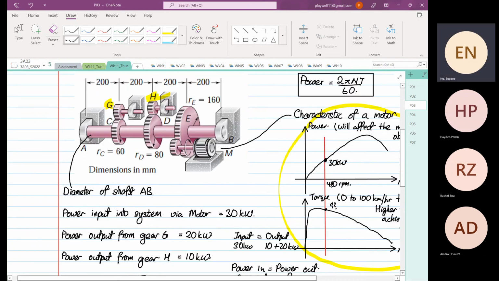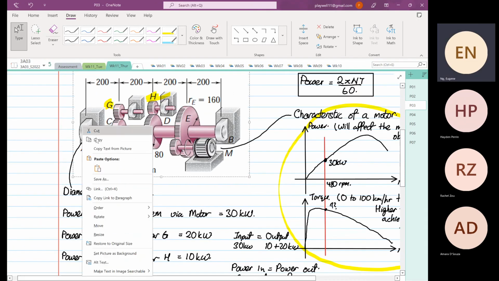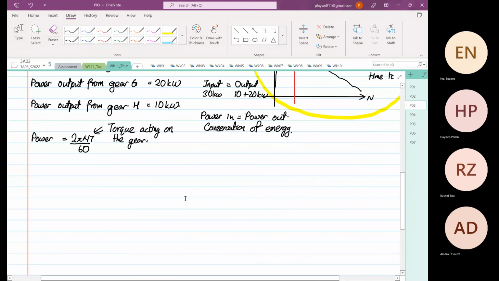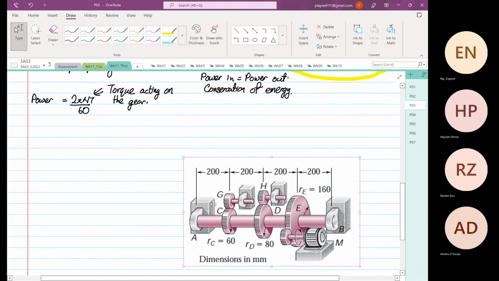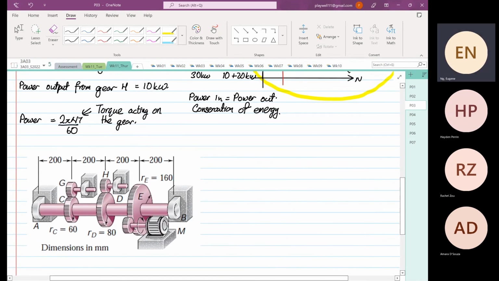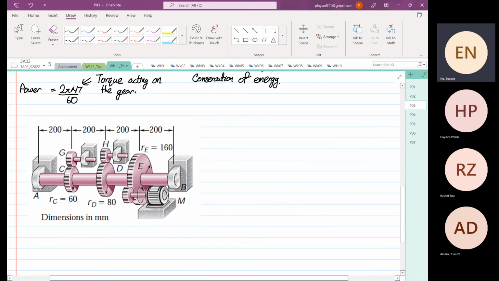Okay, so now let me copy this image over here again so you can see. Right, power on the gear. So some of you will say, which gear? Which gear are we referring to? So the system of interest now is shaft AB.